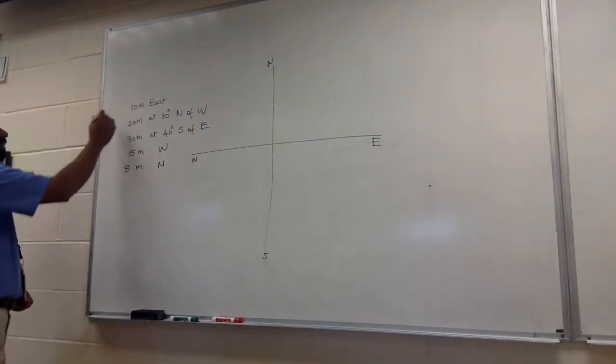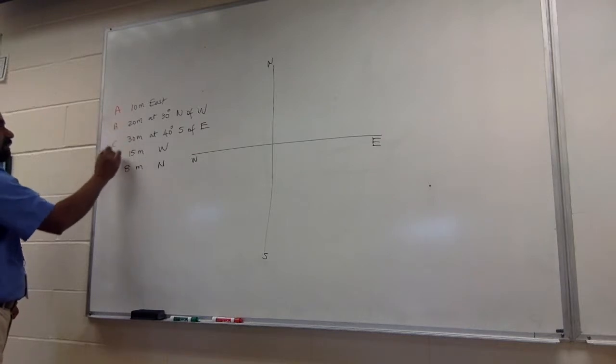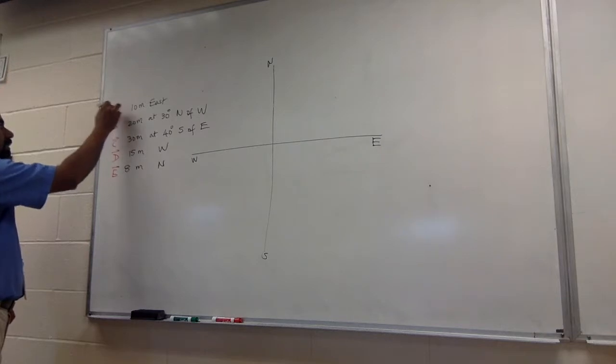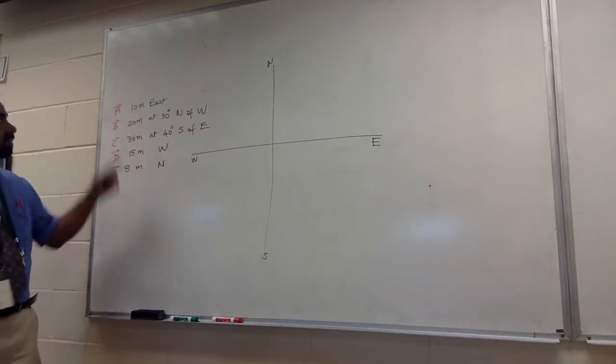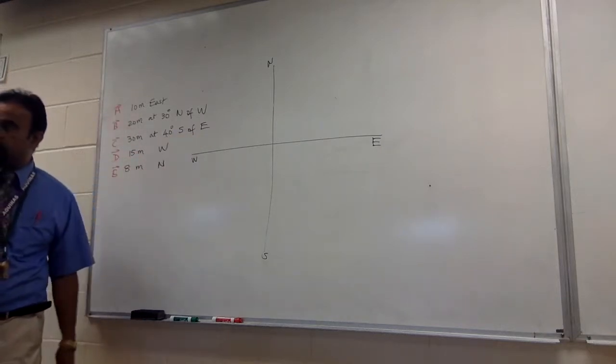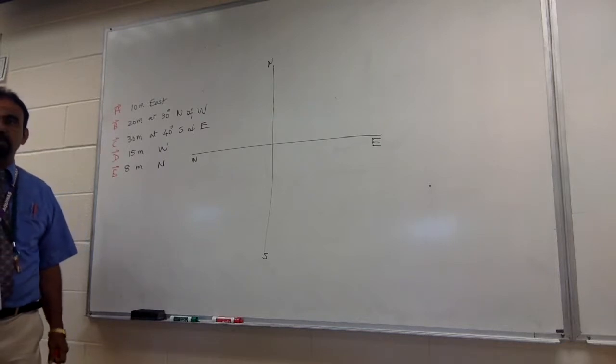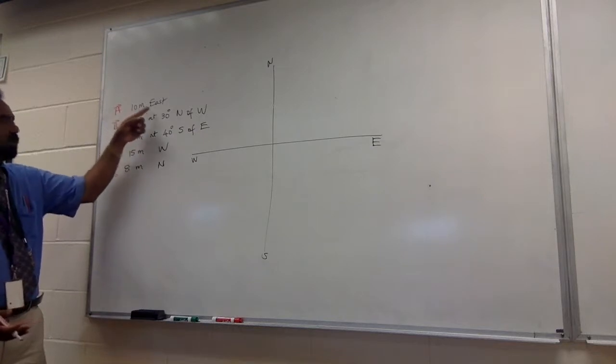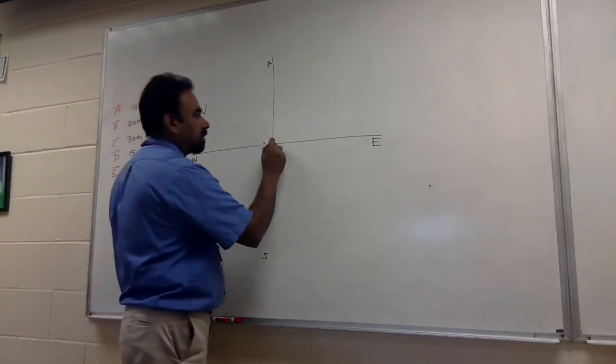And you can also label the vectors, A, B, C, D, E. So where is A on this picture? Where's A? How will I draw it? 10 meters east, right? So here it is.